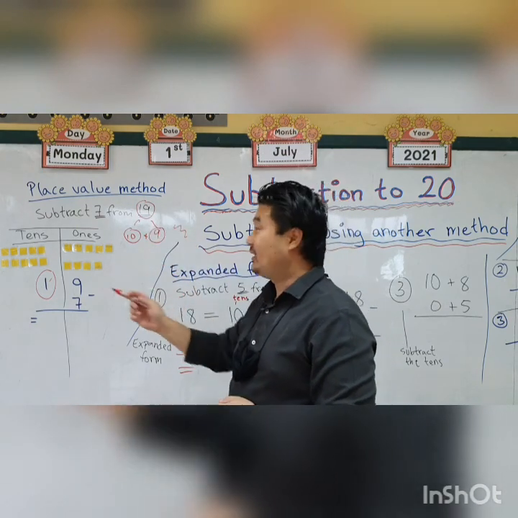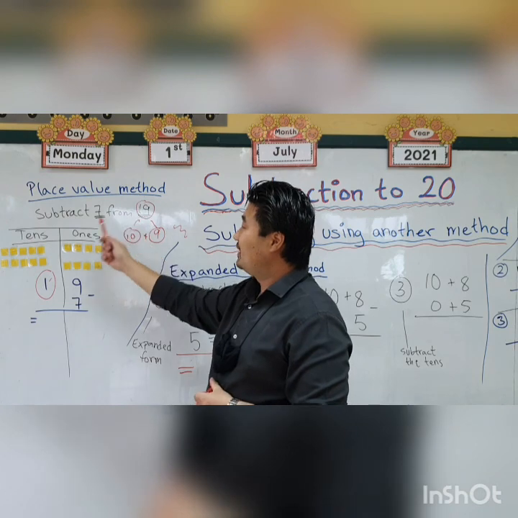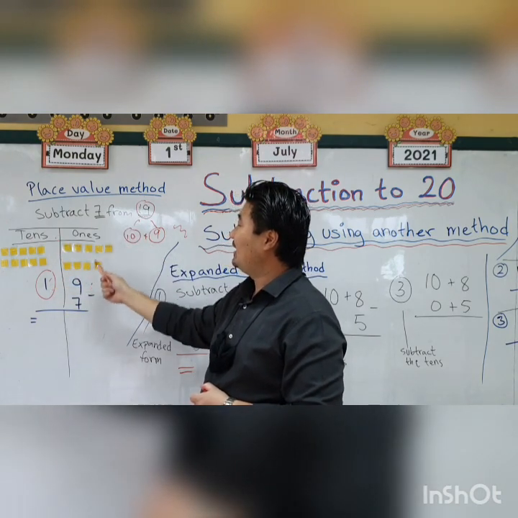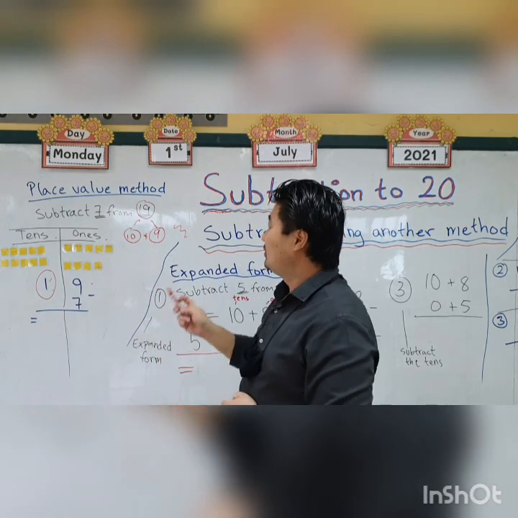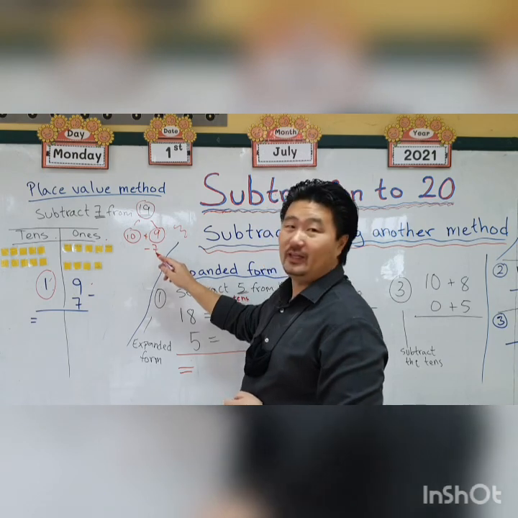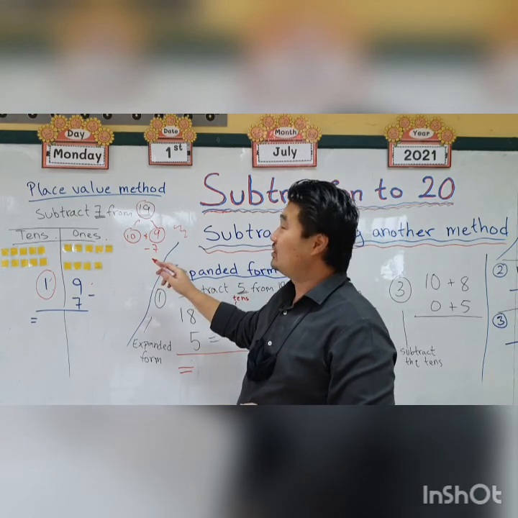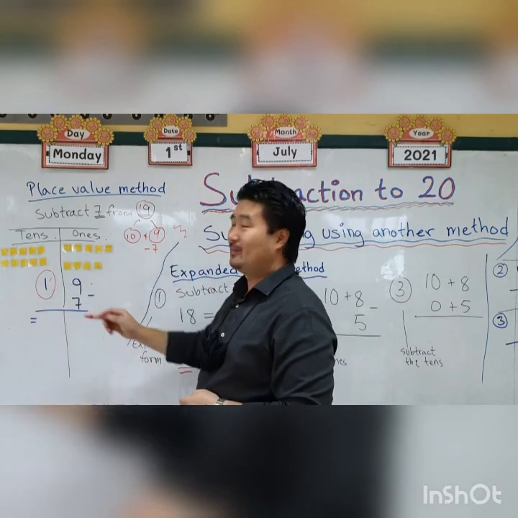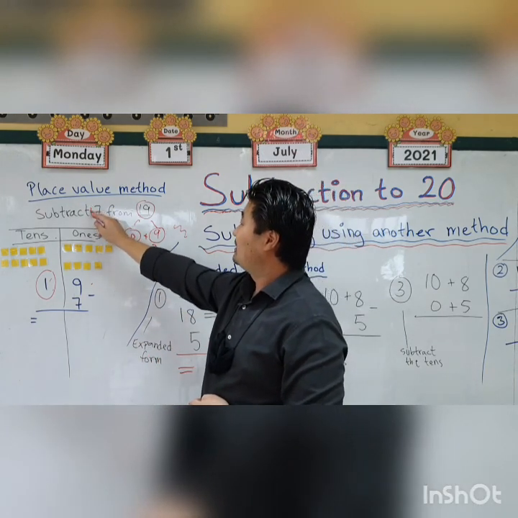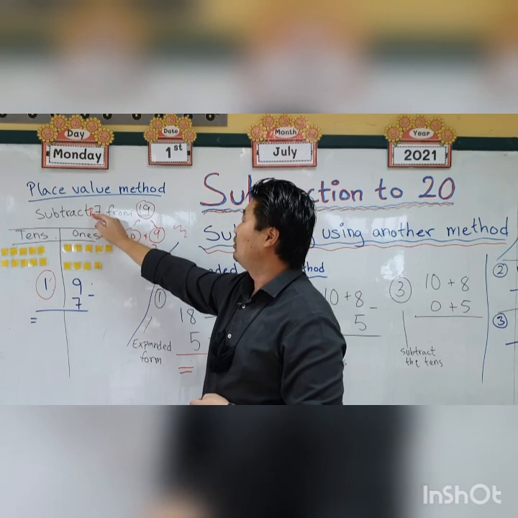But if we're using the place value method, then we only write 1 in the tens place and then 9 in the ones place. So now let's deduct 7, because 7 is ones, 7 ones. It is not tens. Alright? Because you see here, there is nothing there. No 1, no 2.